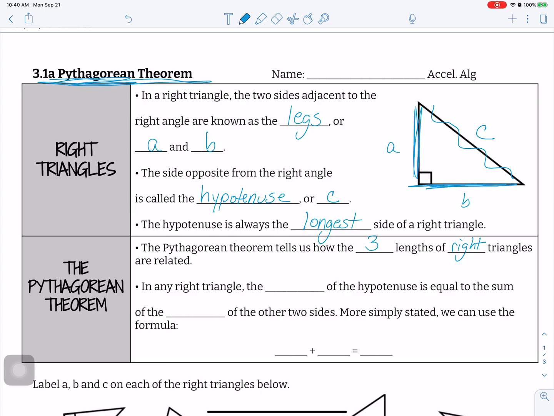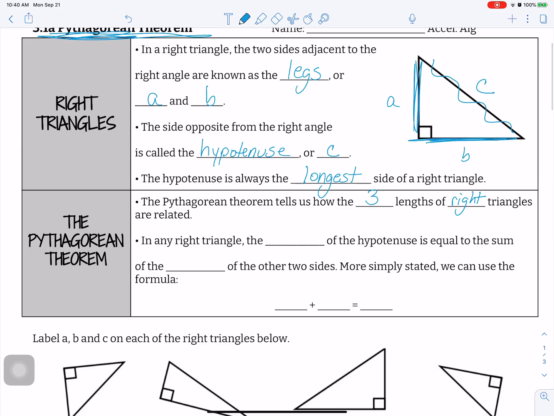So this only works in right triangles. In any right triangle, the square of the hypotenuse is equal to the sum of the squares of the other two sides. So a squared plus b squared equals c squared. And as we're working through some things today, you'll see exactly how that works.